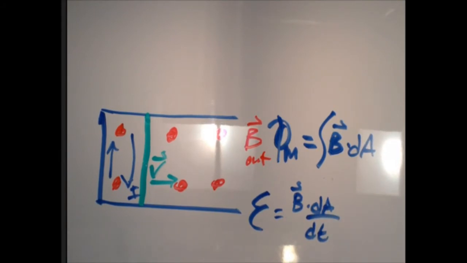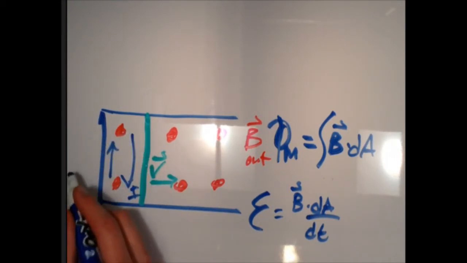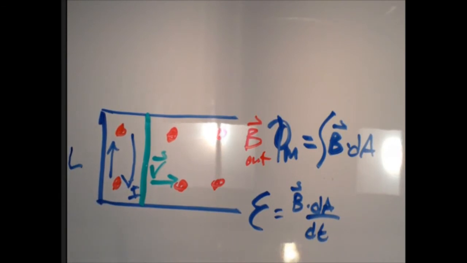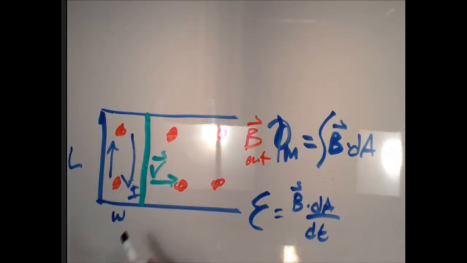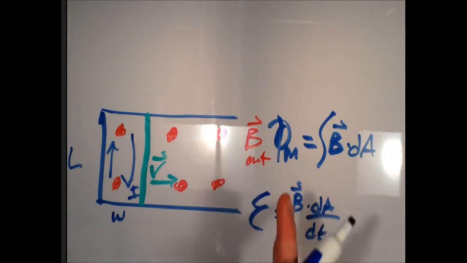How does area change with respect to time? Well, if I think about the area of my loop, let's say that this thing has a length L. L doesn't change. What changes is the width, and that width changes as this bar passes to the right.